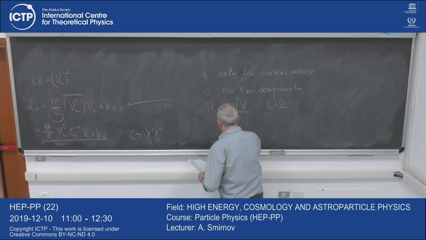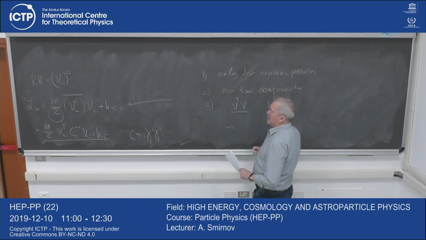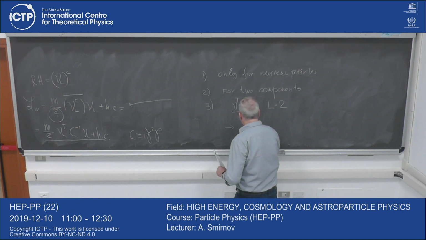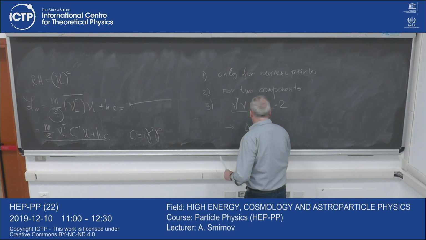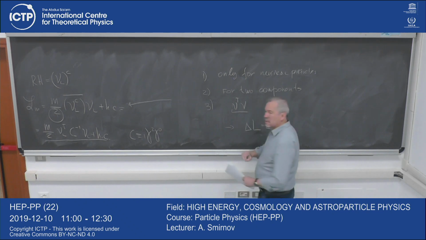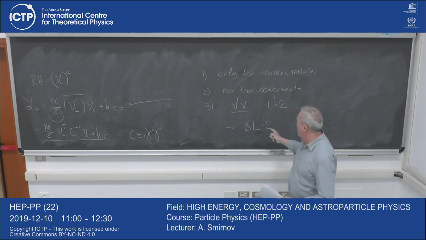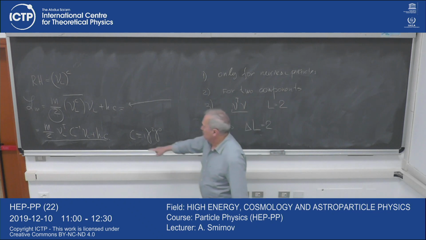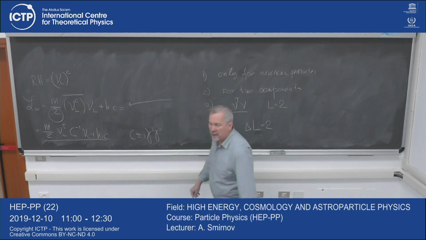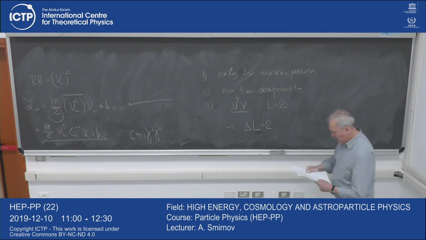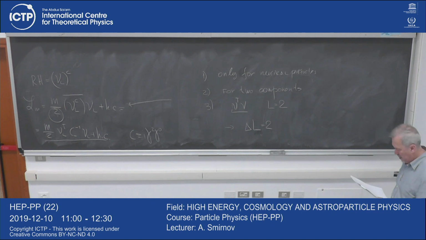And therefore the presence of such a term in the Lagrangian leads to processes with violation of lepton number by 2 units. So the first term gives delta L plus 2, and the second one, Hermitian conjugate, delta L minus 2. Which means that you are expecting the existence of processes, if the neutrino is a Majorana particle, which violate lepton number by 2 units.